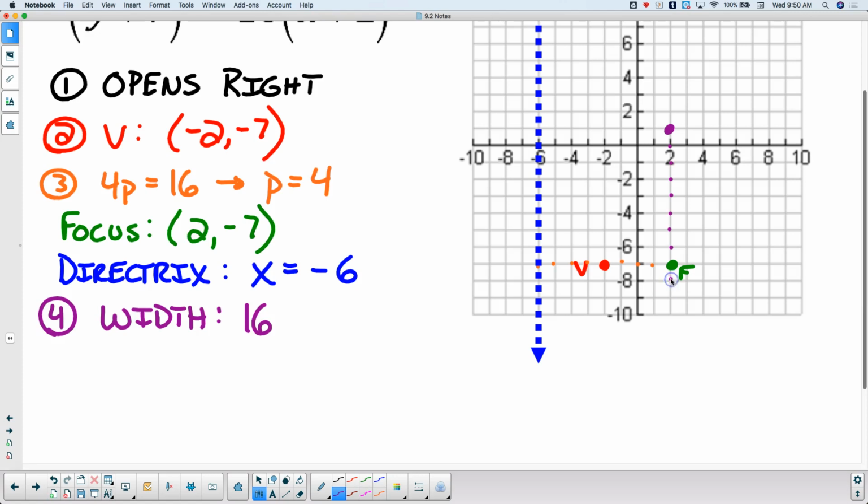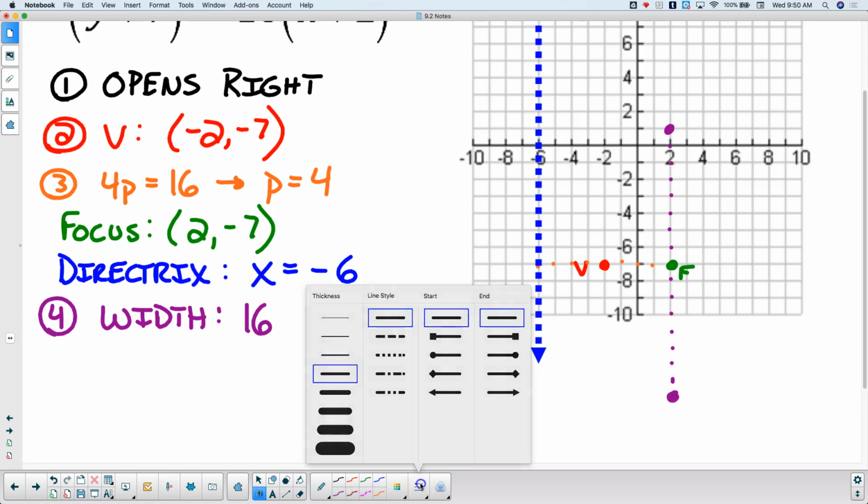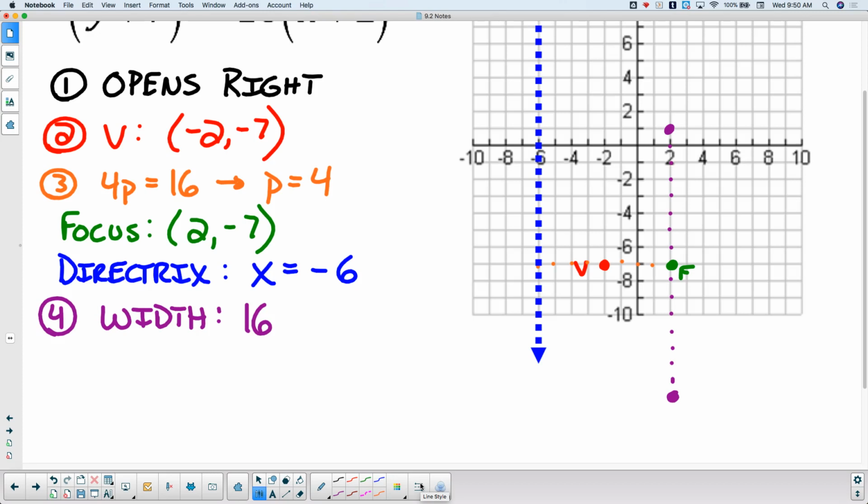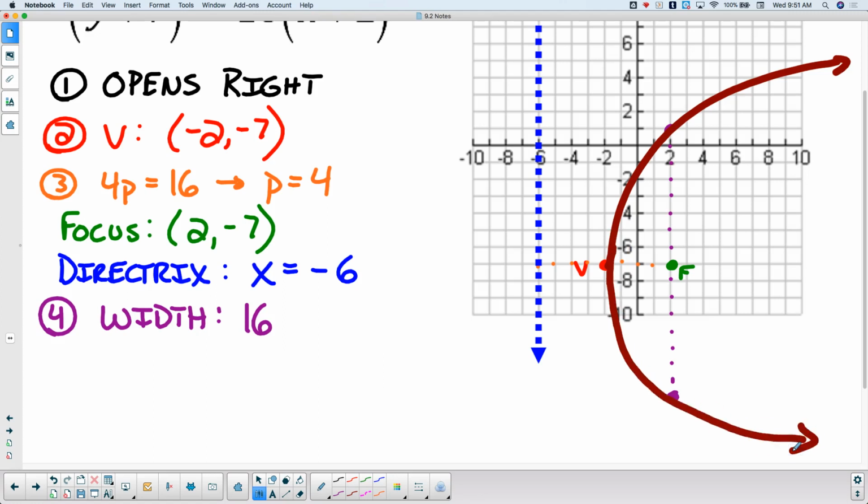No. That allows me to draw in my parabola. That then allows me to find my axis of symmetry, which is y equals -7.